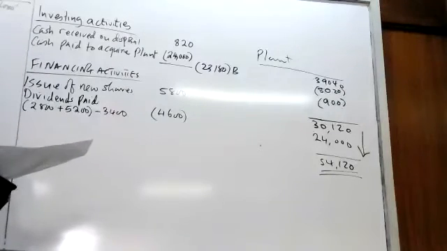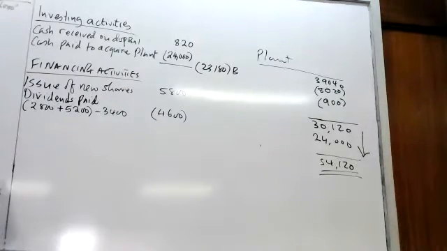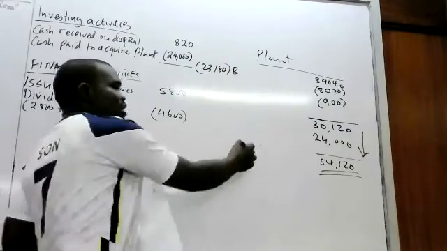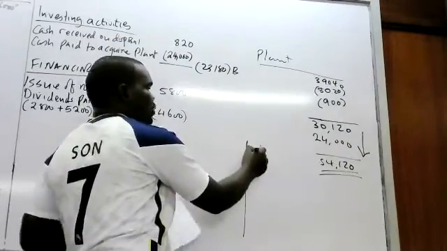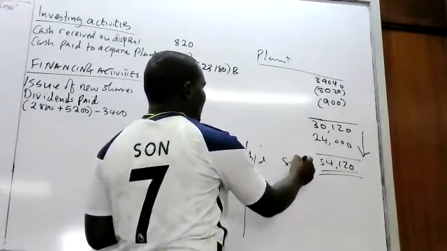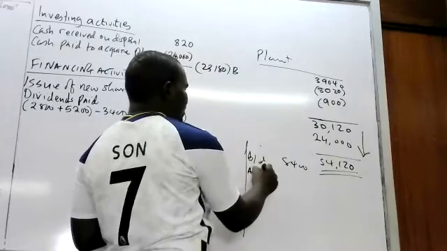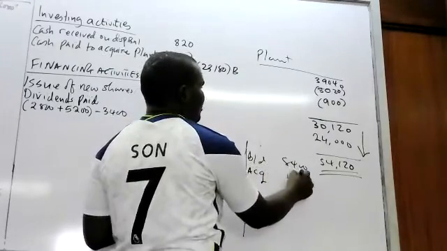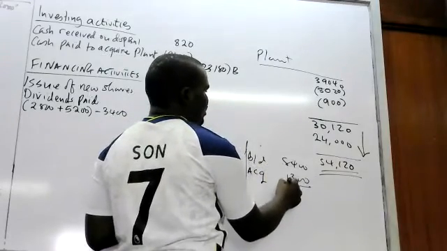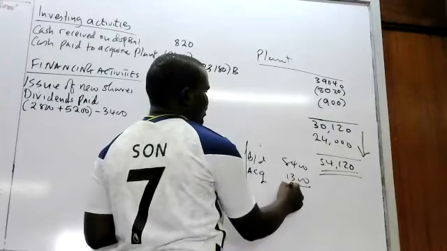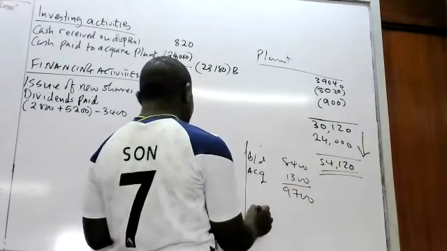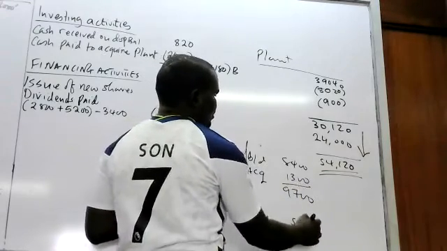Here are more keys, because at the start, the balance brought down for the loan was 84. Loan acquisition 13, meaning the loan should be 97. And then they are saying the loan is how much? 52.